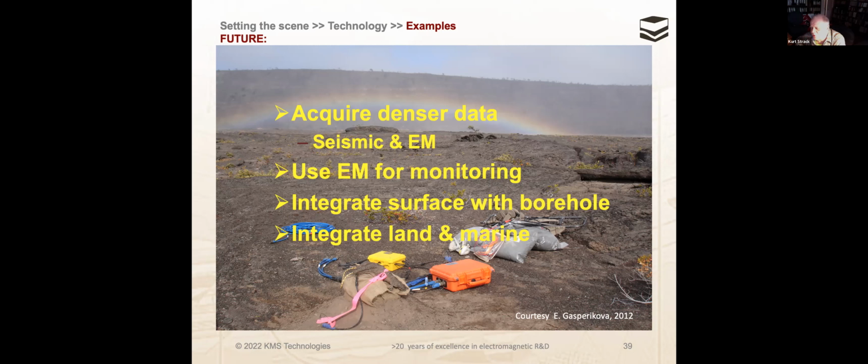But to use it as a source, you really need the galvanic component. You need the DC component to get this mixed current flow. So delineating resistors with cross-hole EM is difficult because it's an inductive measurement and it's biased towards conductors. You can do it, because in 3D you can do anything and you get some sensitivity.